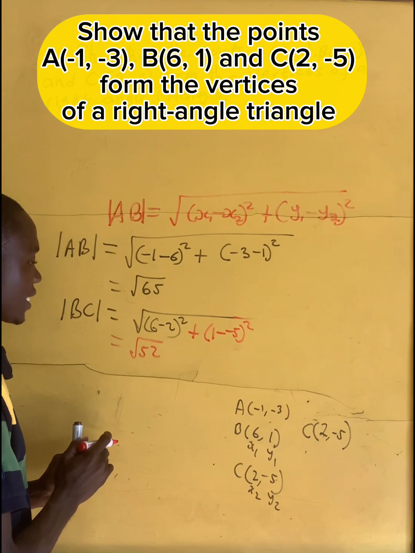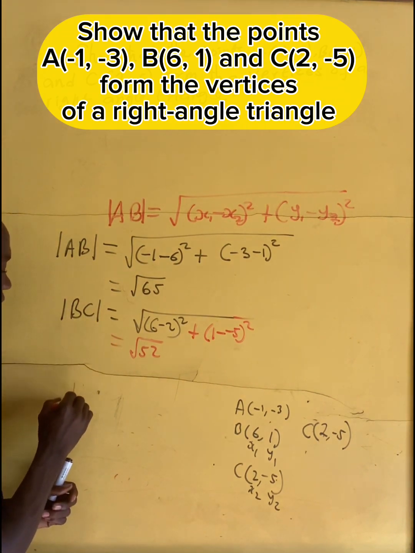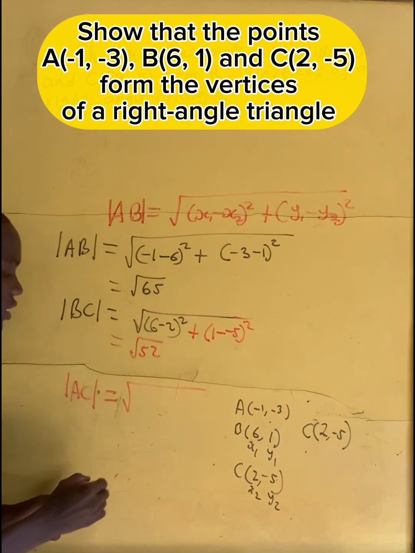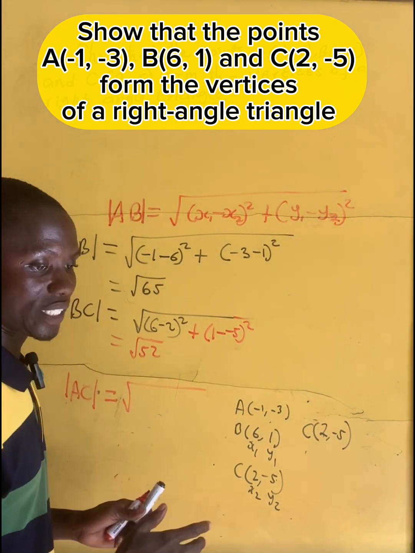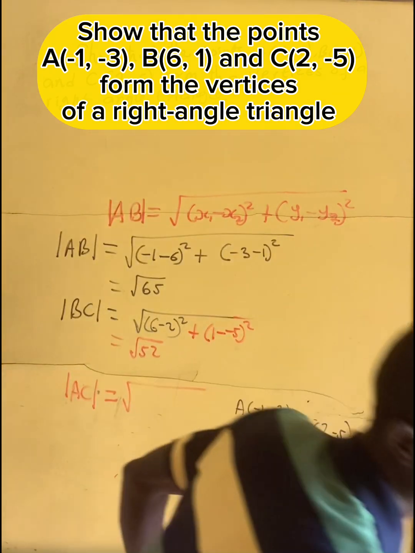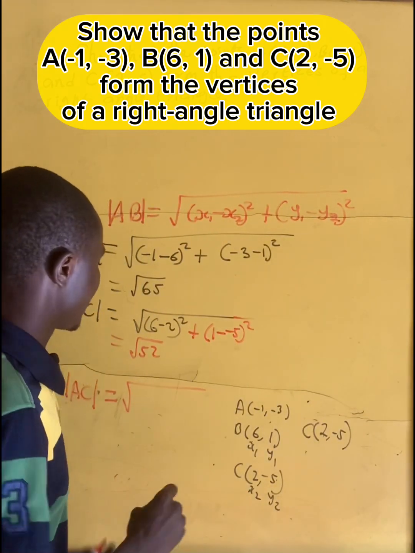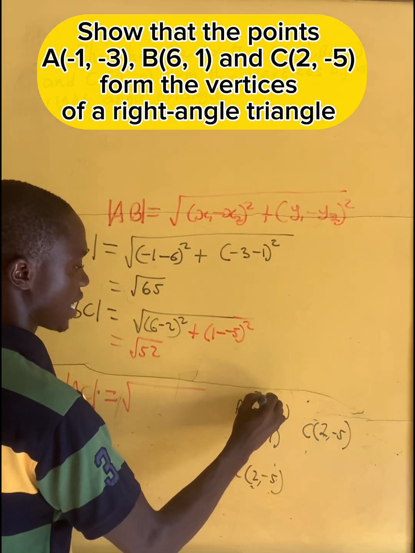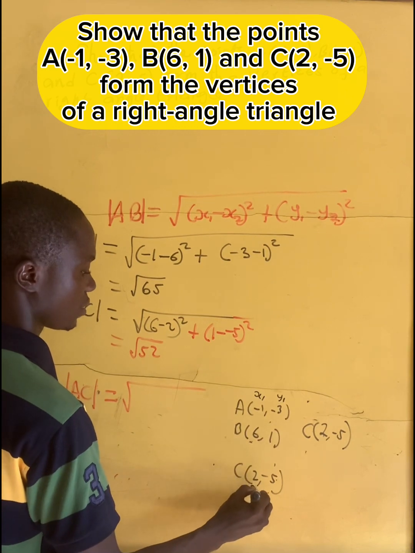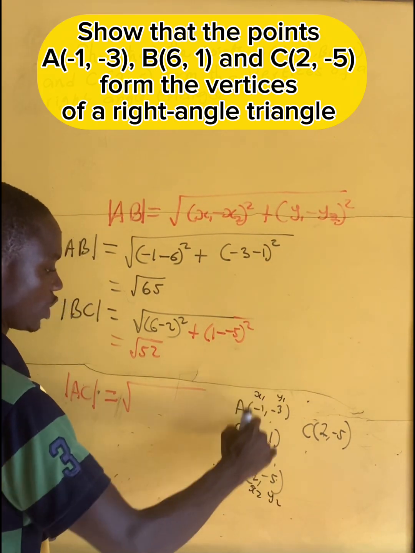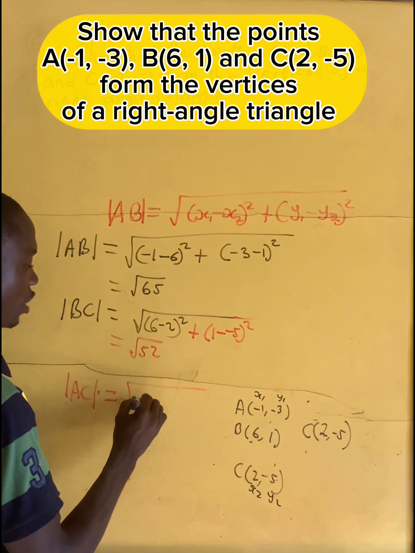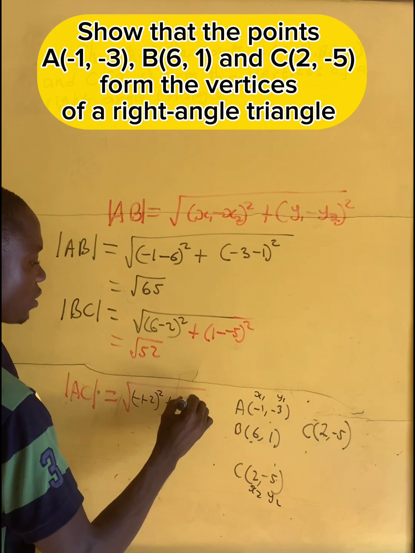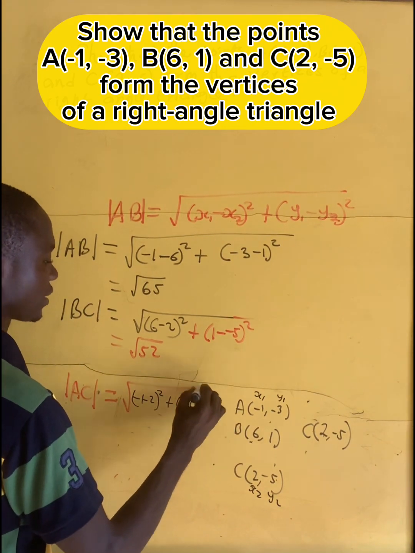Kindly use your calculator to check. Now, we take AC under the square root. If we take AC, let me change the marker. So we have x1, y1, x2, y2. If we take the x coordinates, we have -1 minus 2 squared plus -3 minus 5 squared.